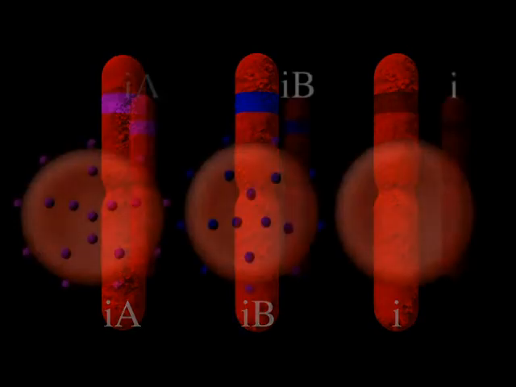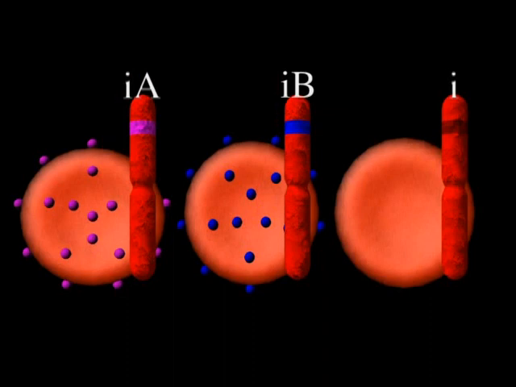The 3 alleles are usually designated IA, IB, and i. These 3 alleles are responsible for directing the synthesis of the glycoprotein identification markers that protrude from the surface of red blood cells. IA and IB control the synthesis of the glycoproteins A and B, respectively. The i allele produces no glycoproteins at all.